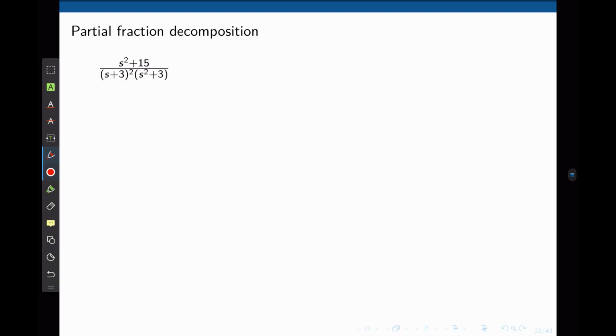Here we have a more complicated function. If you want to find the partial decomposition of this, because we have (s + 3) to the power of 2, we now need to expand this expression as A over (s + 3) plus B over (s + 3) squared. And because of the next term, (s + 2) squared plus 3, we need a third term, that is (Cs + D) divided by the quadratic term.